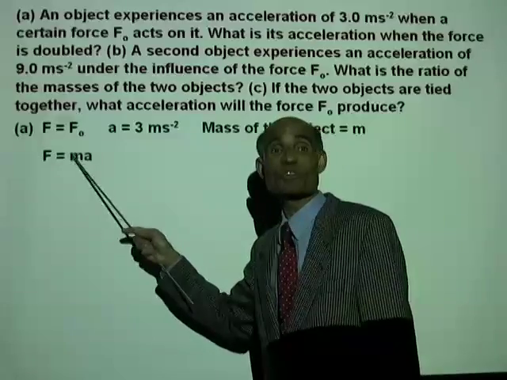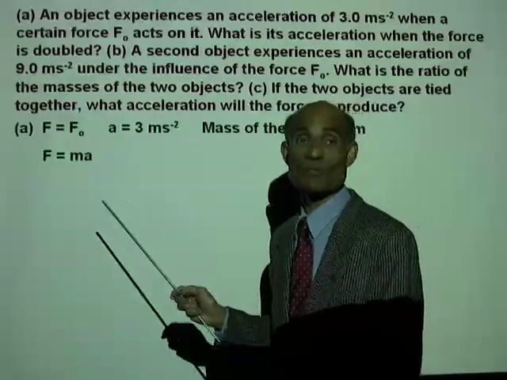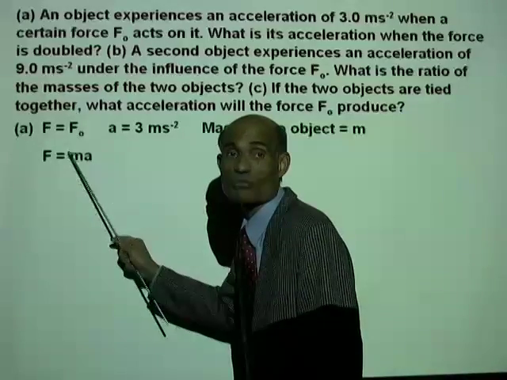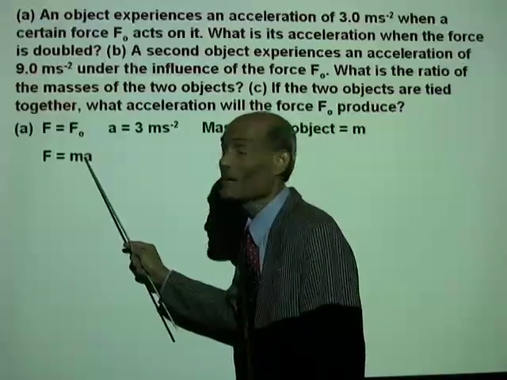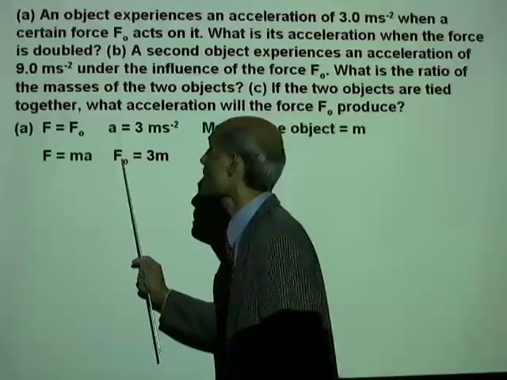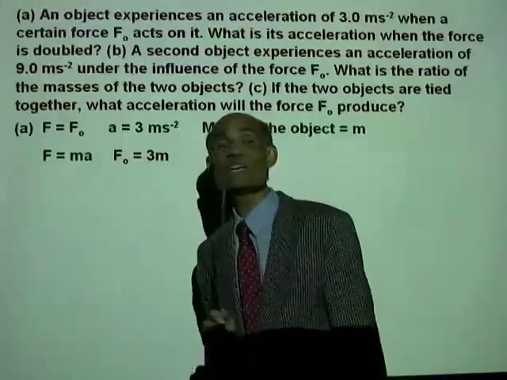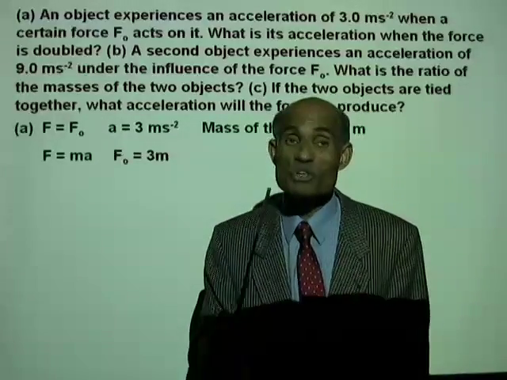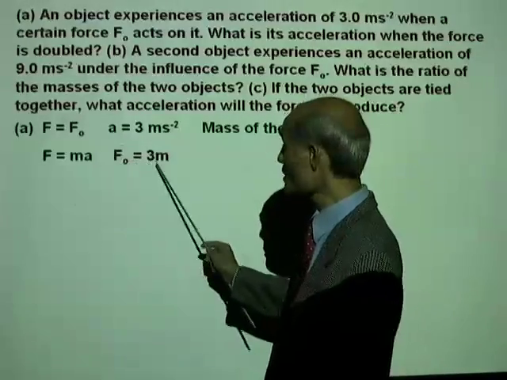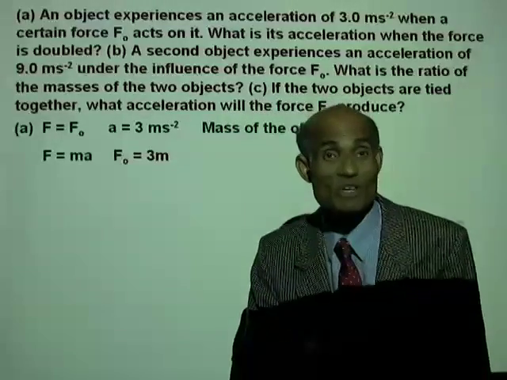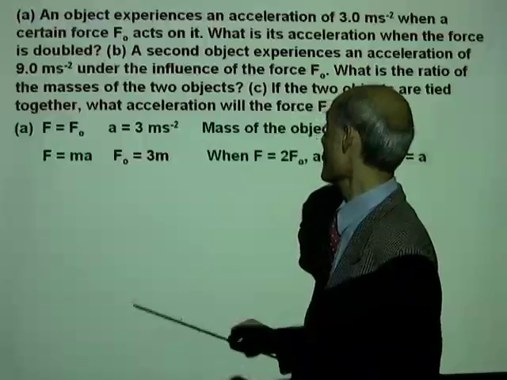The net force equals mass times acceleration. Here, the force acting is F0, mass is m, acceleration is 3 meters per second squared. That gives us F0 equal to 3m. That means wherever we use F0, it can now be replaced by 3m. That's very useful information.